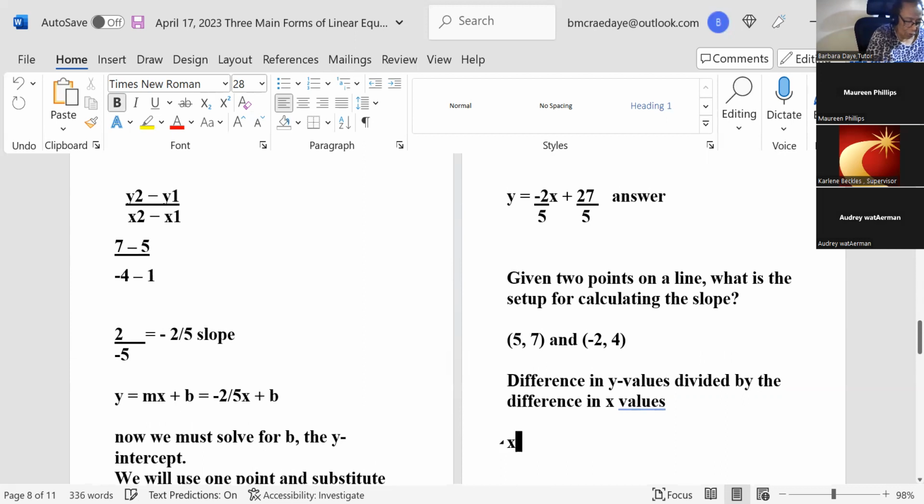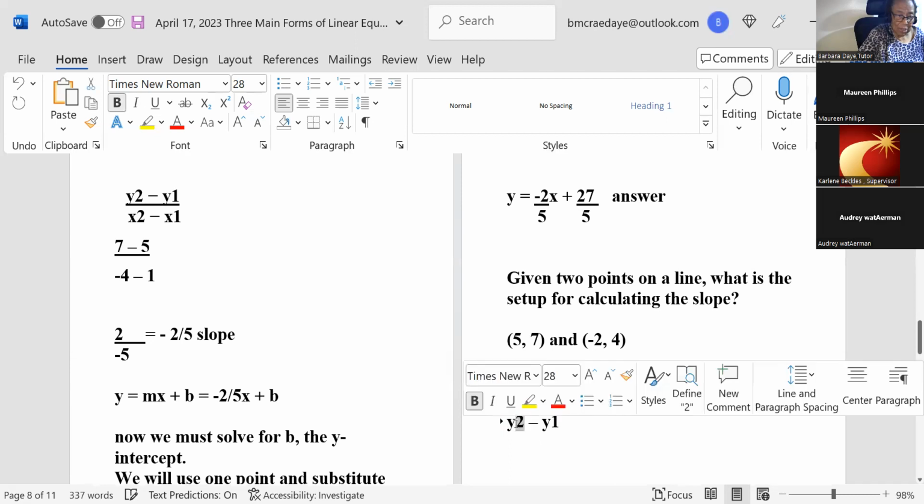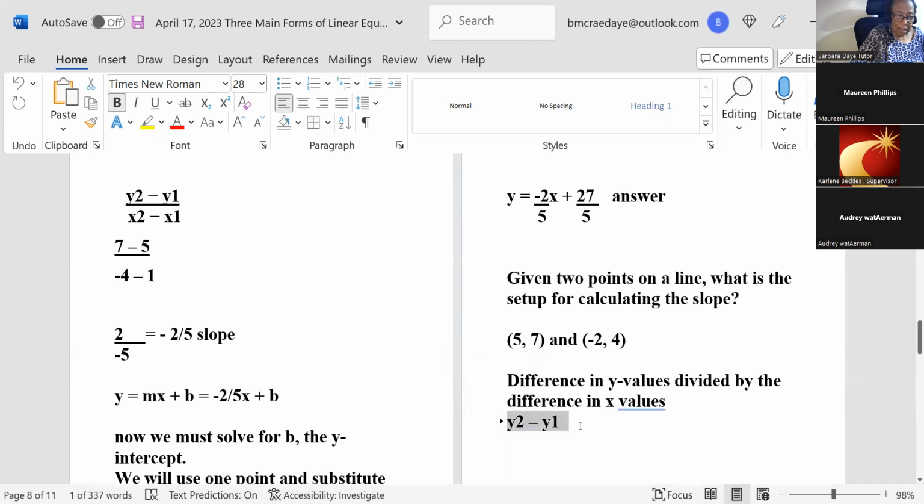Okay, that's y2 minus y1, divided by, and I said the difference, that's what the numerator is, a difference, and the denominator is a difference.